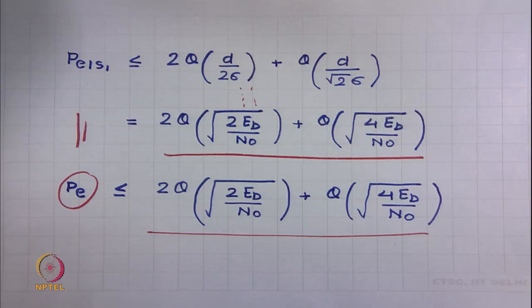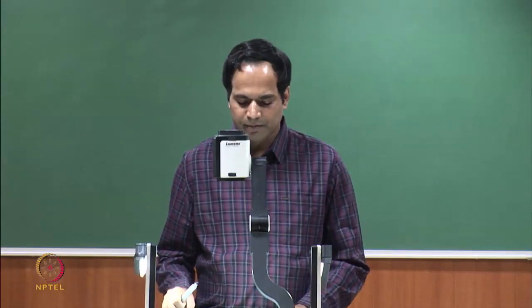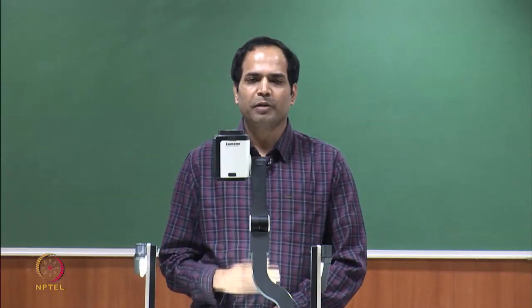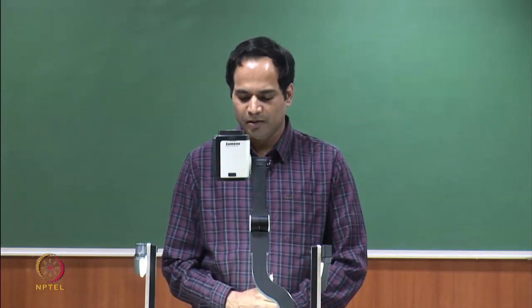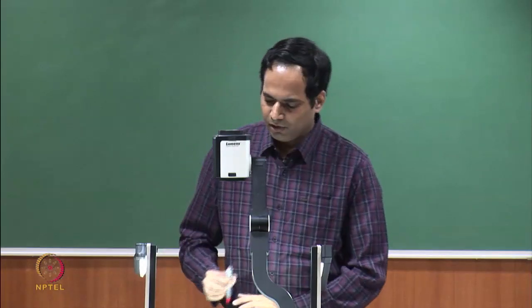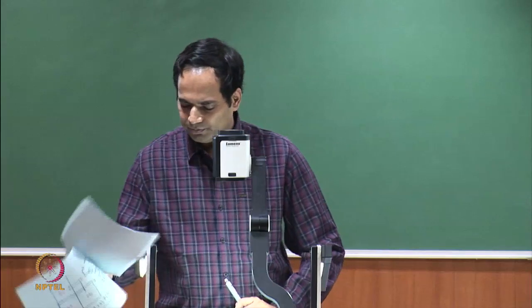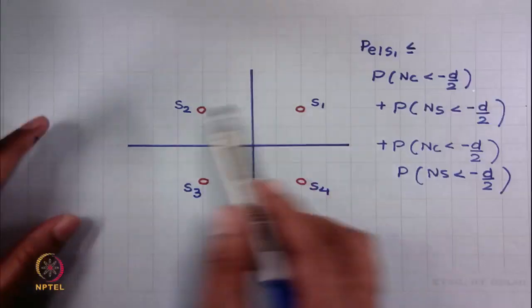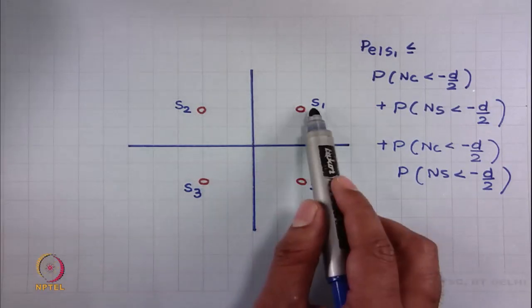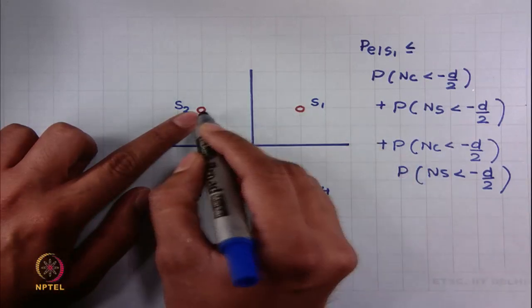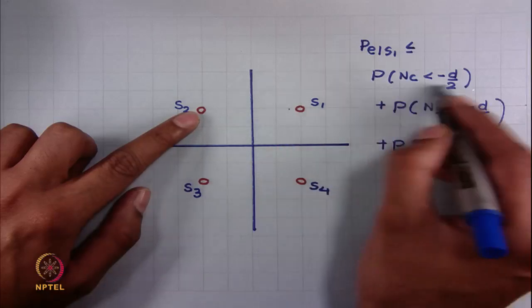Before proceeding further, let us stop for a minute and try to identify why this union bound gives us an upper estimate of the probability of error. Let us see what is happening. When we are calculating the probability of error due to S2 alone, we will require that the noise NC should be less than minus d by 2.